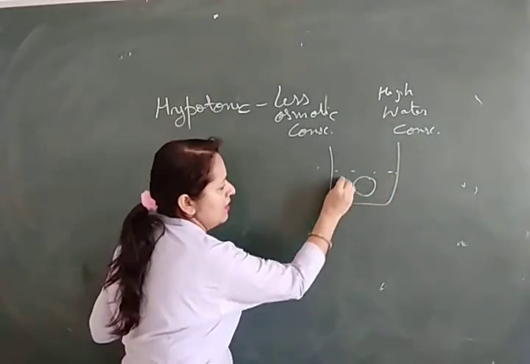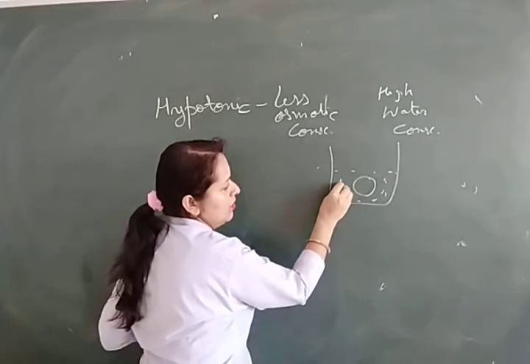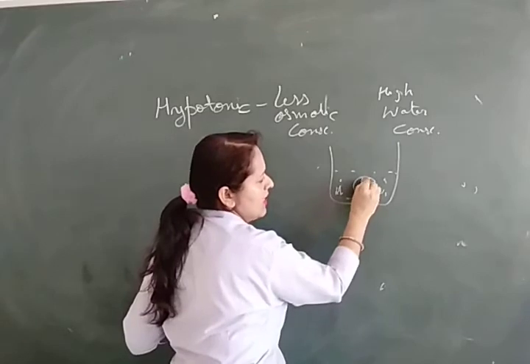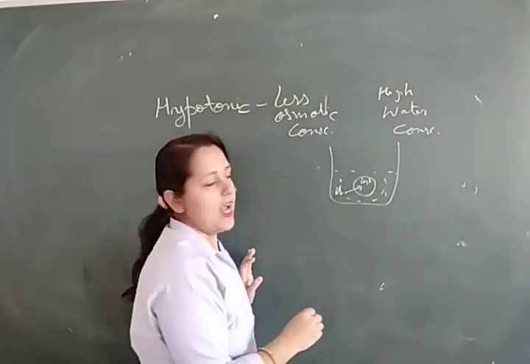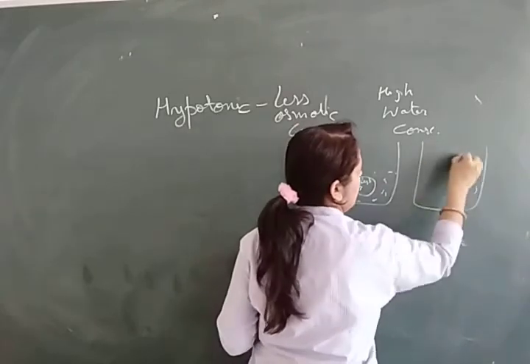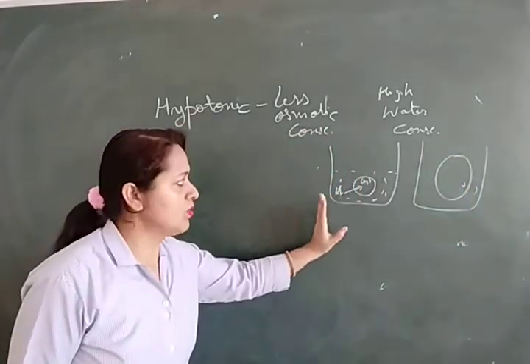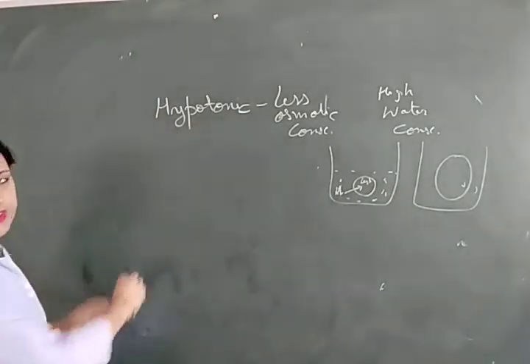So outside the cell there is high water concentration, and the cell has less water concentration. So water moves from high to low and the cell swells up, because water enters from outside to inside the cell.